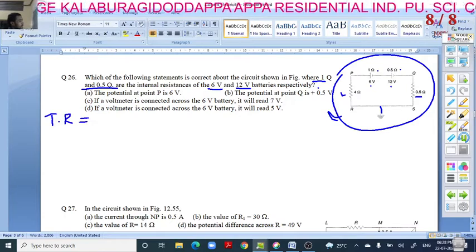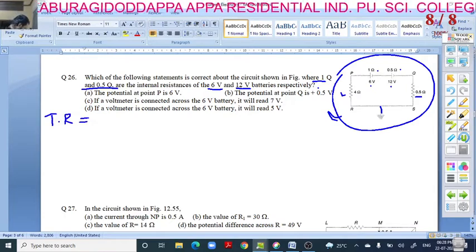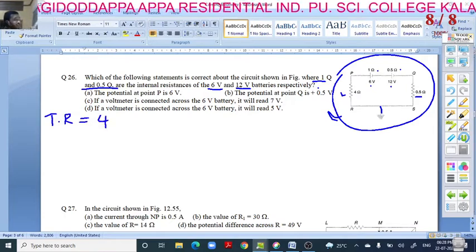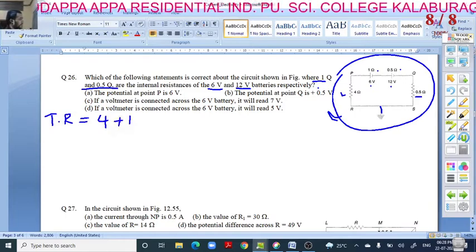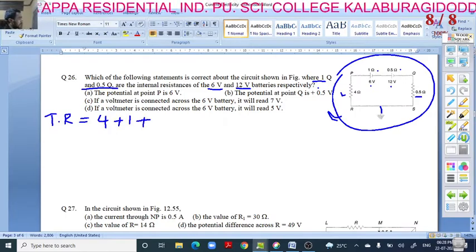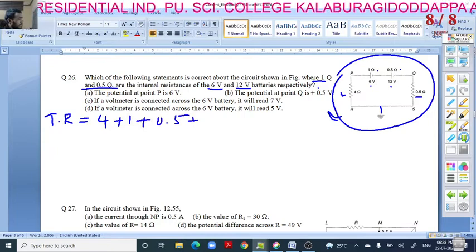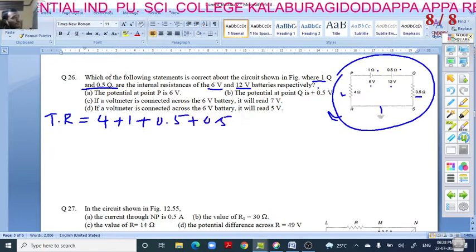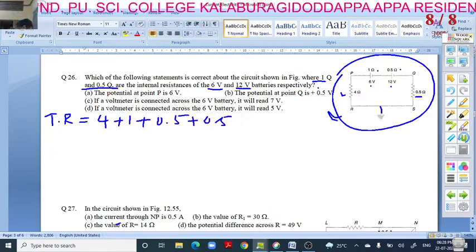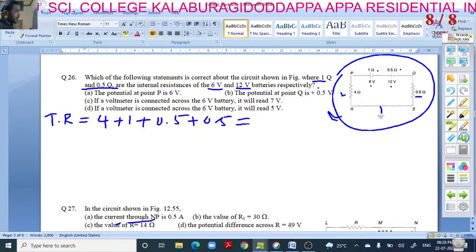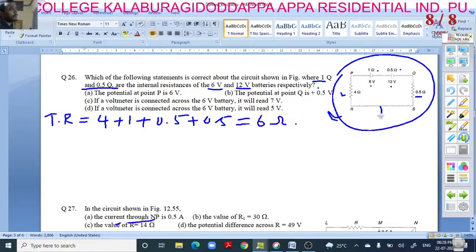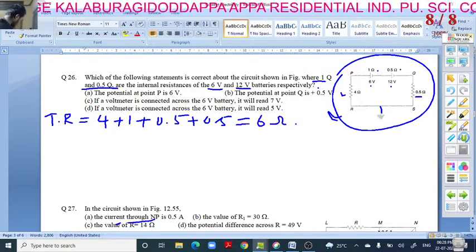Total resistance in the circuit, I will write from the figure itself, is 4 plus 1 plus 0.5 plus 0.5, that is equal to 6 ohm.